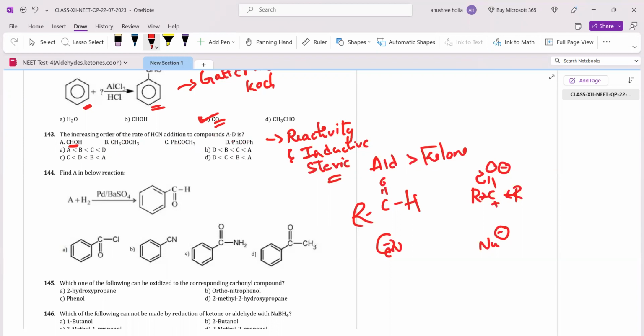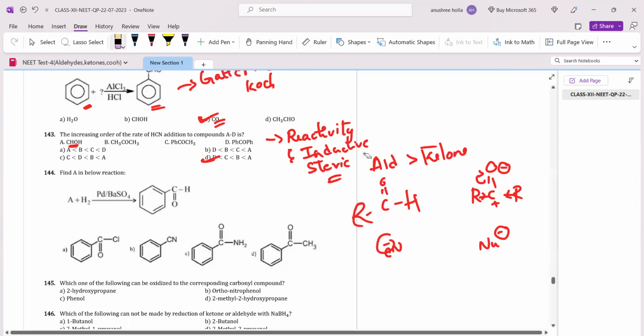And here we have two bulkier phenyl rings, and also the electron releasing effect is more here due to resonance. So D should be least reactive, then C, after that B, and after that A. So your aldehyde being most reactive comes first, then simple acetone comes next, then acetophenone, then benzophenone. So it should be option D.